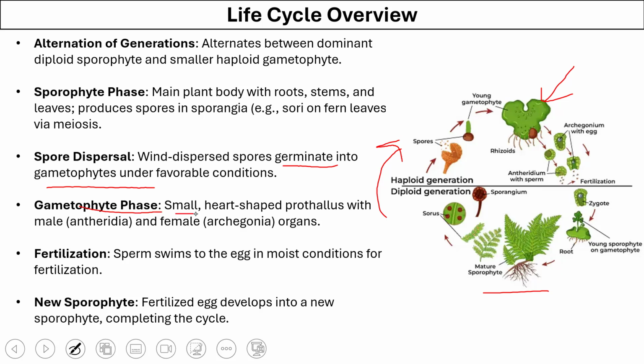The gametophytes are small, heart-shaped prothallus with male and female organs called antheridia and archegonia respectively. The sperm has to swim to the egg for fertilization in moist conditions. The fertilized egg then forms a zygote, which grows up to form the sporophyte.